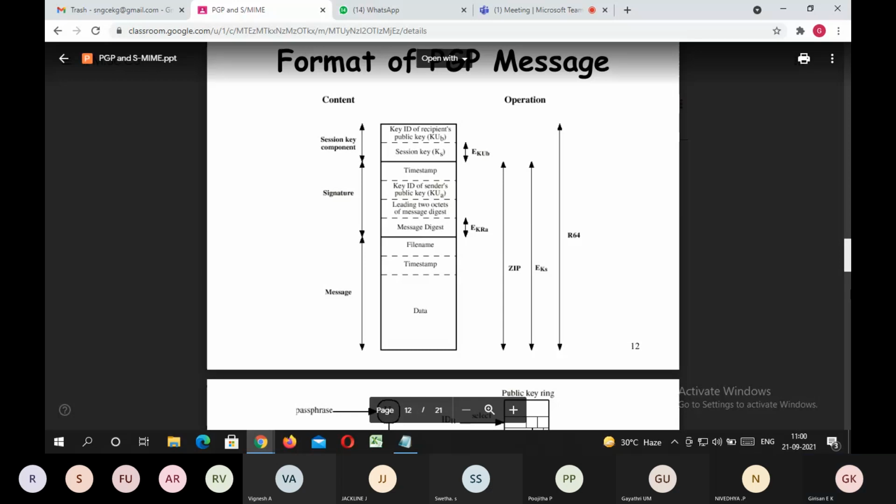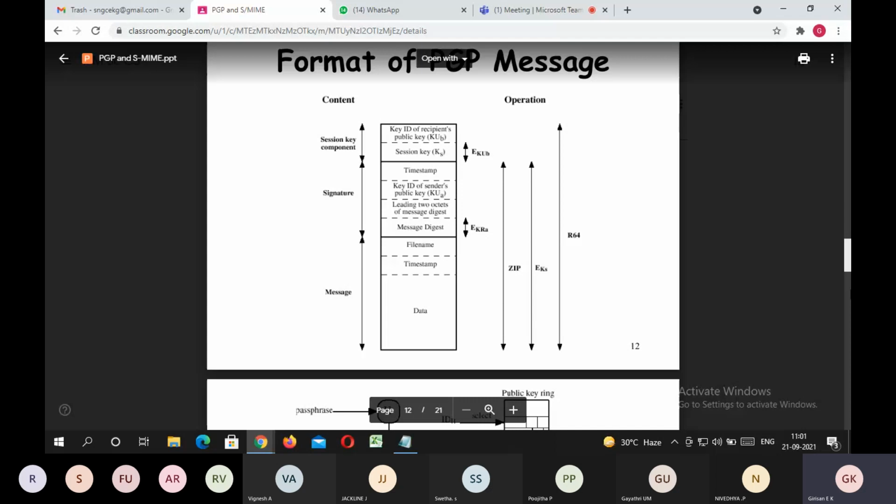Then the session key is also used only for the signature and the message. When user A sends the message, they will encrypt the message. The KS, that is the session key, will be used, out of the 3 components of the PGP message, for only the signature and message component. And the compatibility: all emails sent through PGP are compatible in nature.